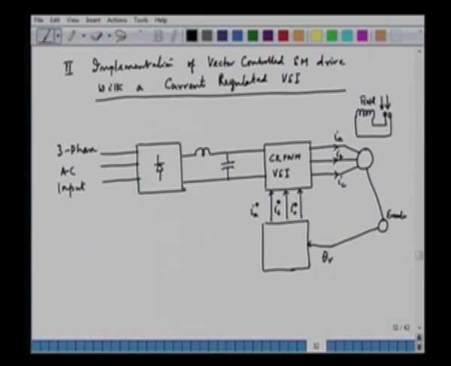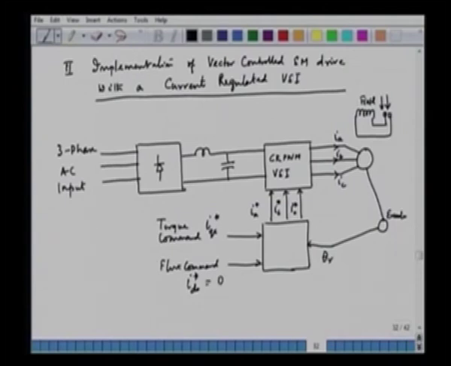So, what we have here, we have the 2 commands in this case, and the commands are the torque command, and this is IQS star, and we have the flux command, IDS star, but this IDS star is made equal to 0.